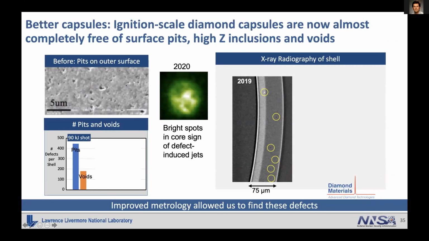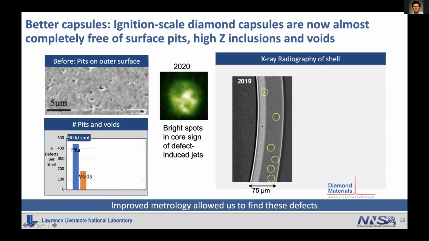Before 2020 or 2021, we had pits on the outside of the capsule, and those led to instability growth. When you looked at the implosion at the end, in this X-ray image, you see all these meteors, as we call them. That's bad news because those are radiating and stopping ignition, probably induced by some of these defects. We can't give you one-to-one.